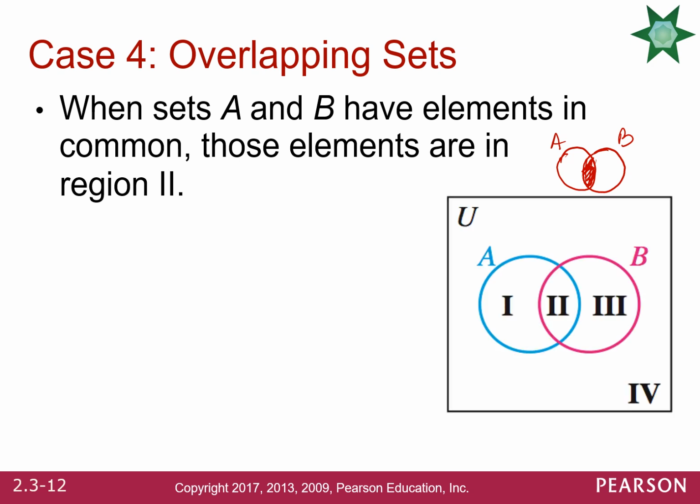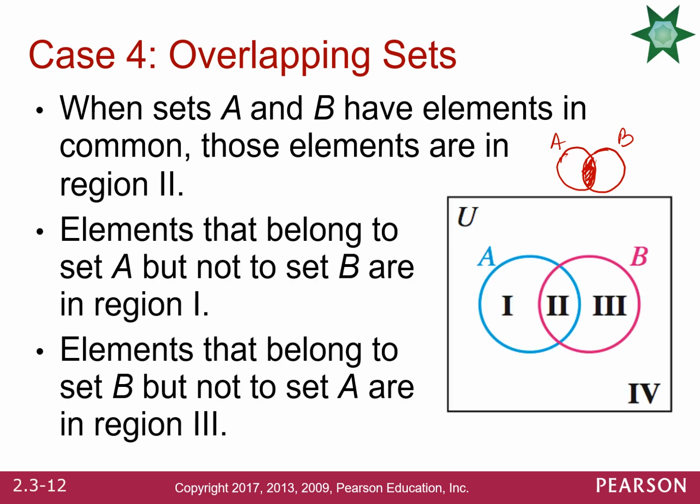Here we have our diagram, and it says elements that belong to set A but not to set B are in region 1. And elements that belong to set B but not to set A are in region 3.